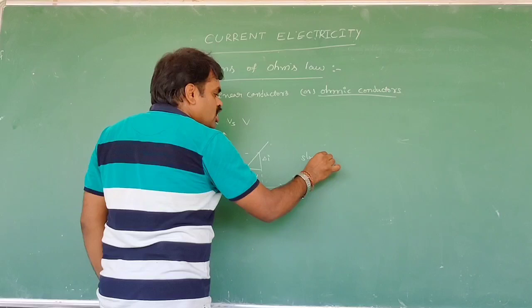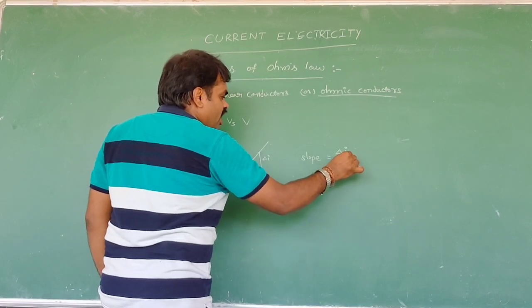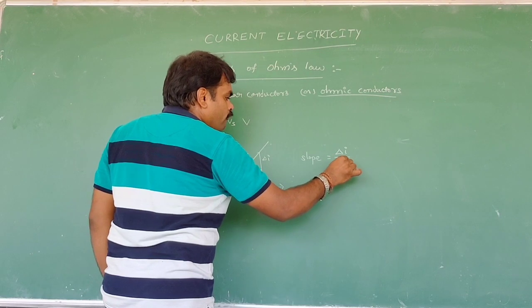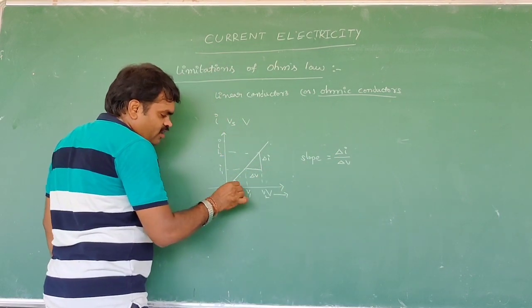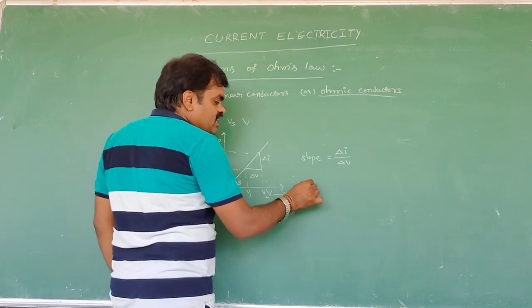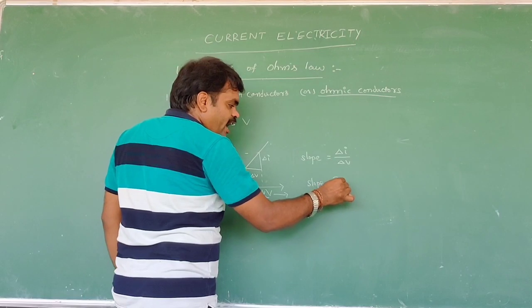The slope is equal to the y coordinate, delta I by delta V. The slope makes an angle theta, that's why the slope is tan theta.